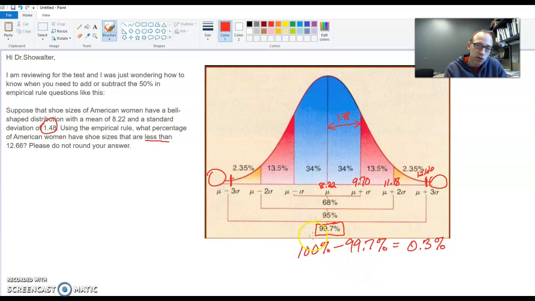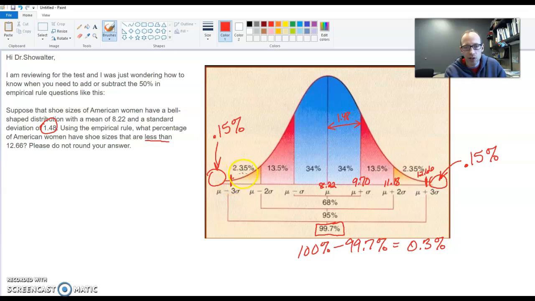Now, since we have 2 directions, we have the left and the right tail, we could split that in 2 so that we get 0.15% here and 0.15% here. And you know what? I wouldn't go through these calculations every time. Since you can use your notes, I would just copy the picture you have here in your notes.